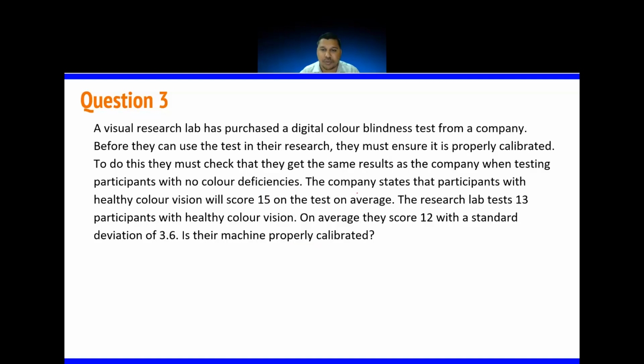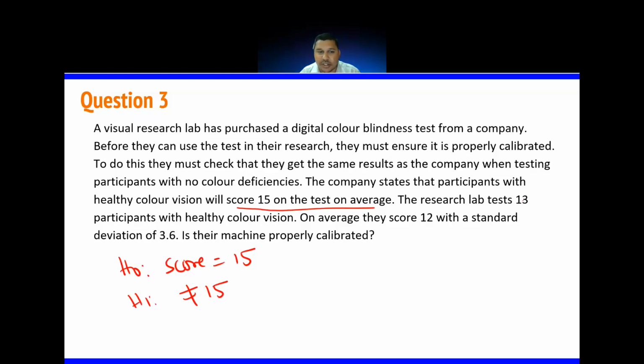What information did they give? The company states that participants with healthy color vision will score 15 on average. So H naught says that the score is 15. Obviously H1 will be not equal to 15.